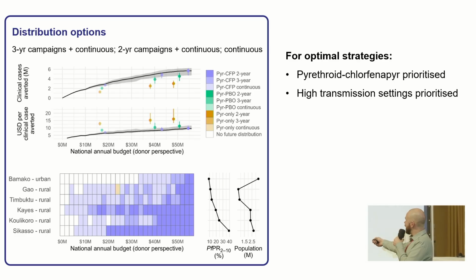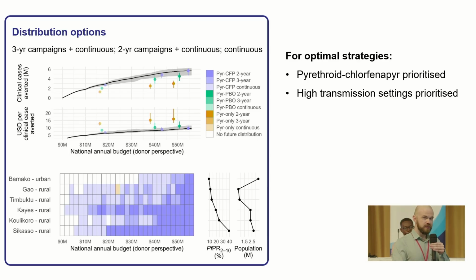One thing I want to highlight there is our estimate of conducting 3 yearly mass campaigns with continuous distribution with pyrethroid-only nets. We are estimating that would avert a similar number of cases as deprioritizing mass campaigns entirely and only relying on continuous distribution with chlorfenapyr nets.